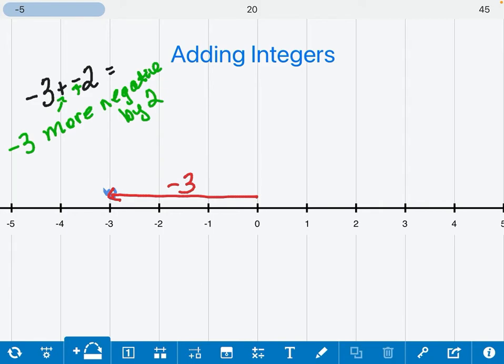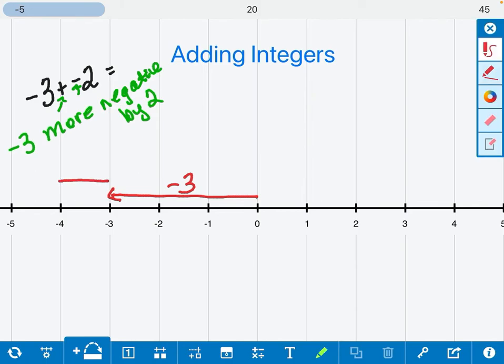Do we go to the left or do we go back to the right? Are we going to get more negative if we go to the left, or are we going to get more negative if we go to the right? If we go to the right, there's positives over here, so we're definitely not getting more negative. If we go to the left, these are negatives over here, right? So we need to go to the left 2 times.